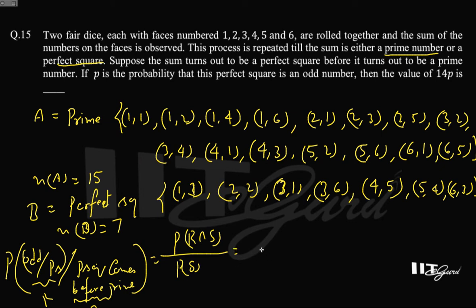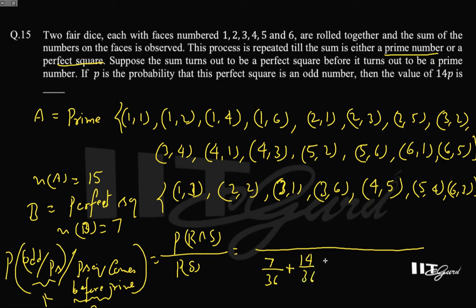And for the probability of S, you use Bayes rule. Probability of S can occur in this way: in the very first chance, suppose a perfect square comes, that is 7 by 36. When they get another chance, they get neither a perfect square nor prime: 15 plus 7 is 22, and 36 minus 22 is 14, so 14 by 36.